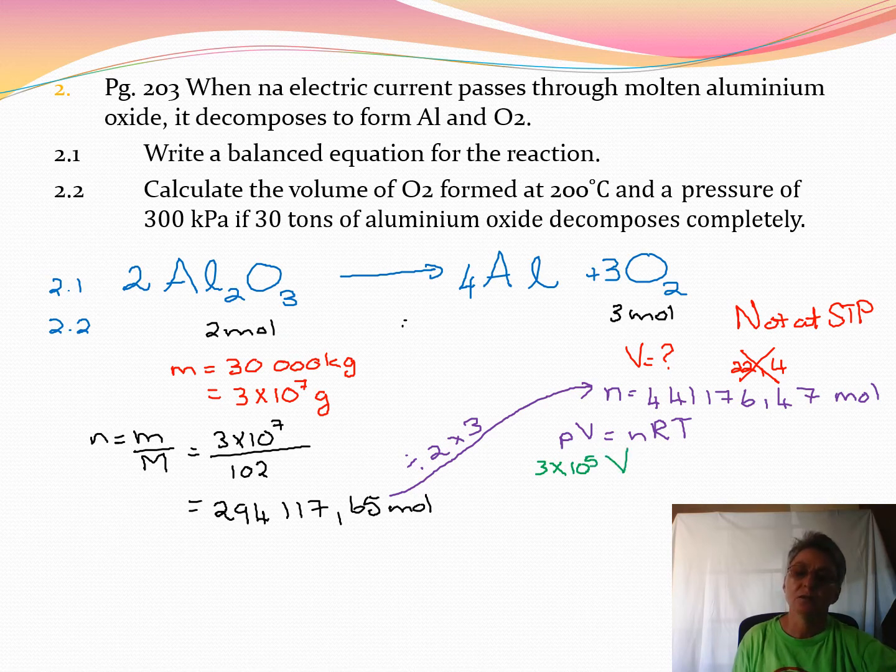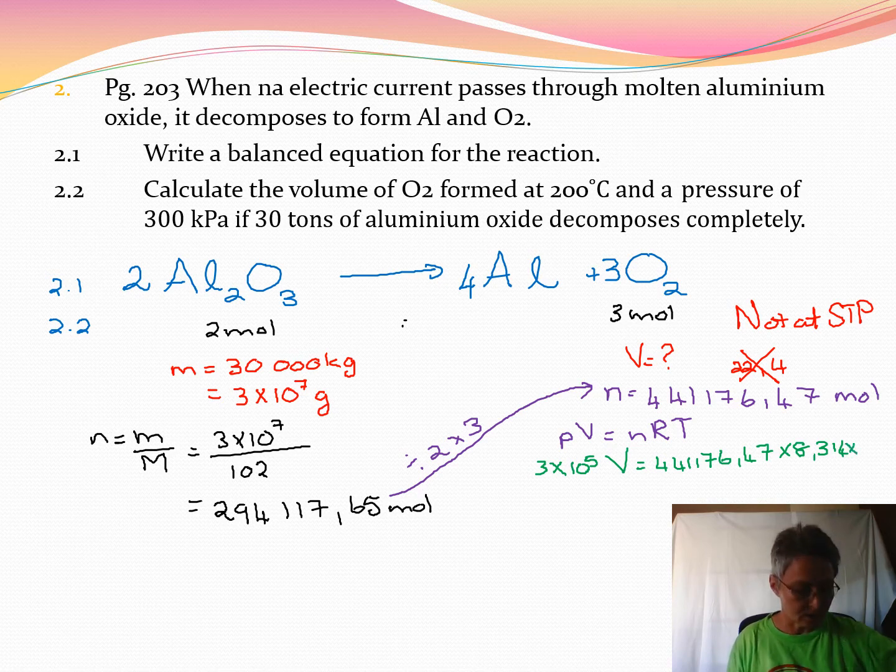The volume that we calculate will be in cubic meters, times 441,176.47 times R, which is 8.314, times the temperature, which is 200 degrees Celsius, so it's 473 Kelvin.